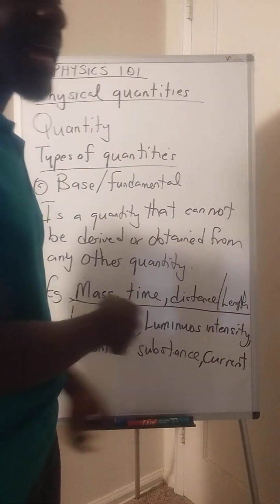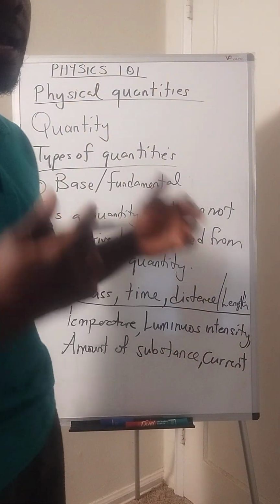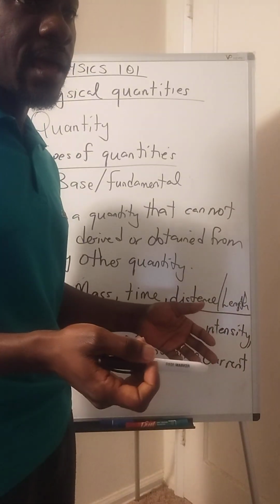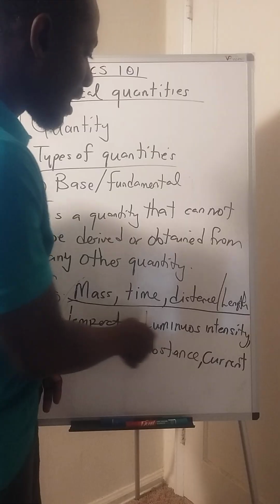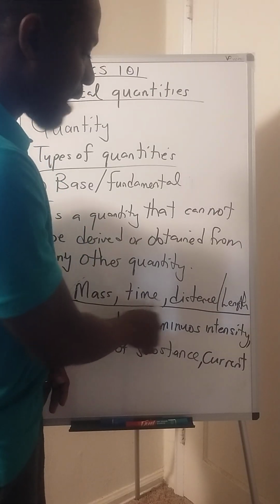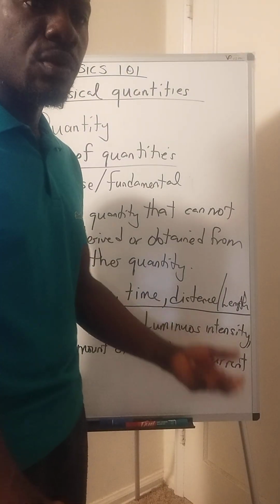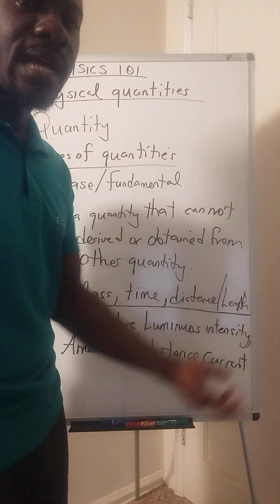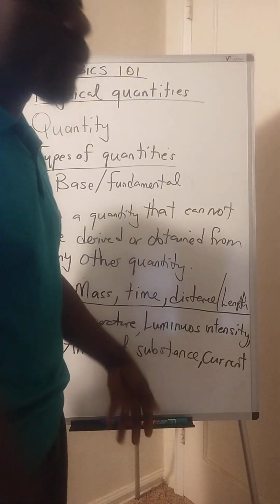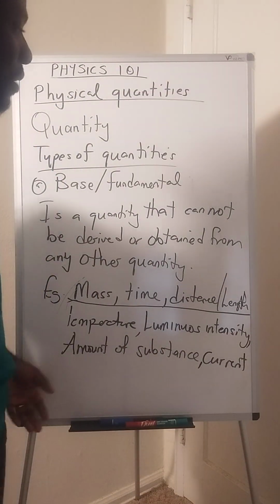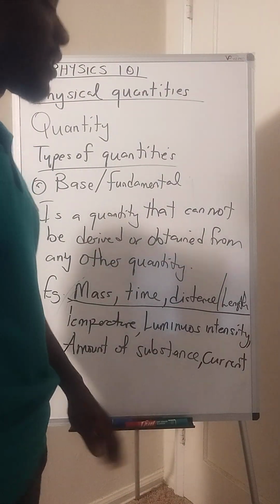But every time you consider a concept in physics, you always come across mass, time, and length, especially in mechanics. Motion in one dimension, motion in two dimensions, motion in three dimensions. You come across all these ones. All right, so I just wanted to make some small clarification over there.